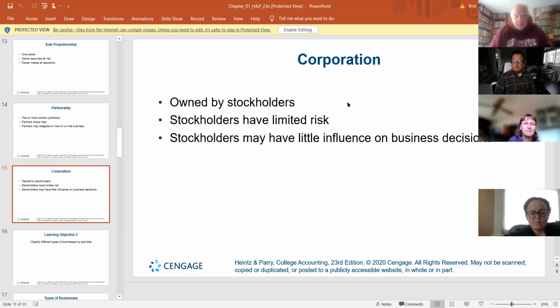And of course, a corporation is owned by the shareholders. Stockholders have limited risk. Stockholders may have little influence. You can buy shares of stock immediately in a company. Call your stockbroker or do it online, and you own 100 shares of Coca-Cola. If Coca-Cola went out of business, you're technically an owner of the company, but they're not coming after you for that money because this is a corporation.